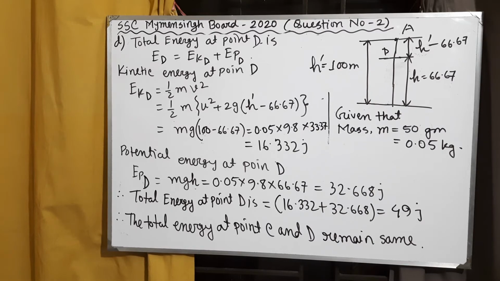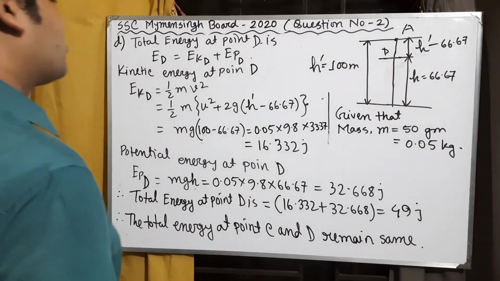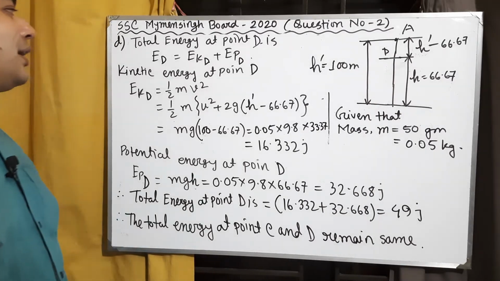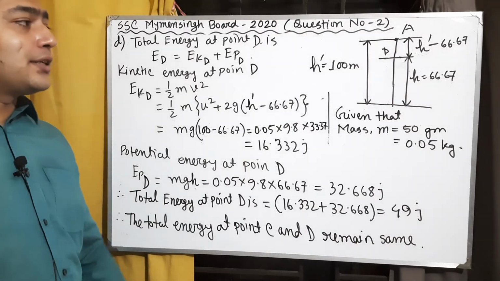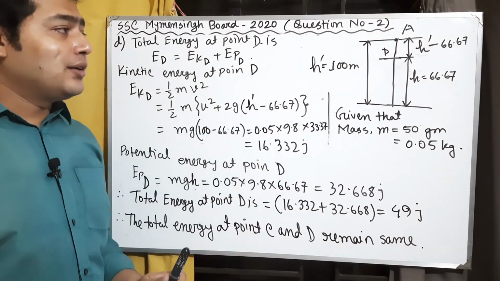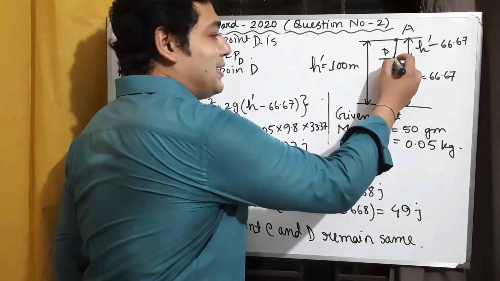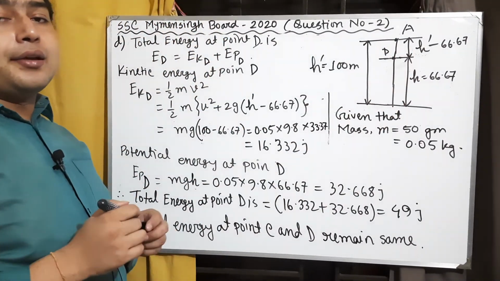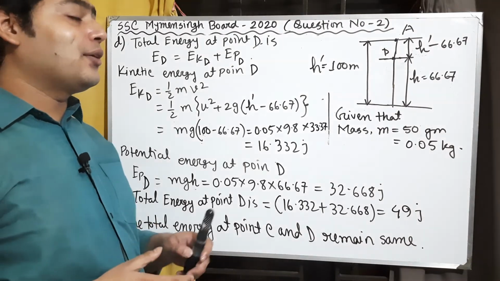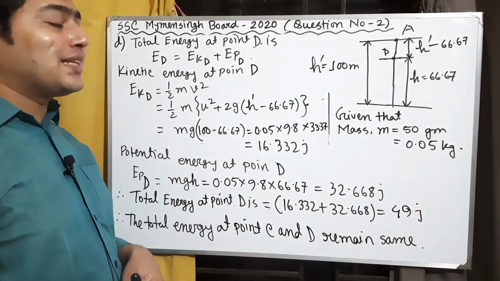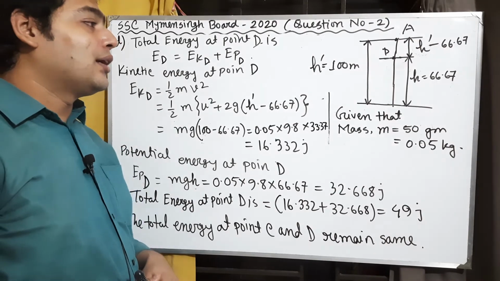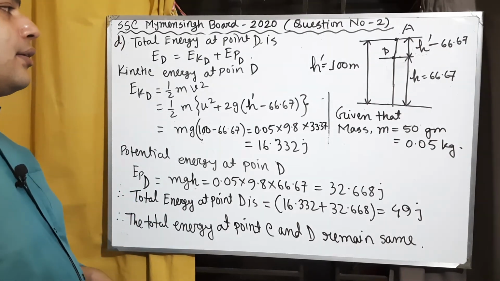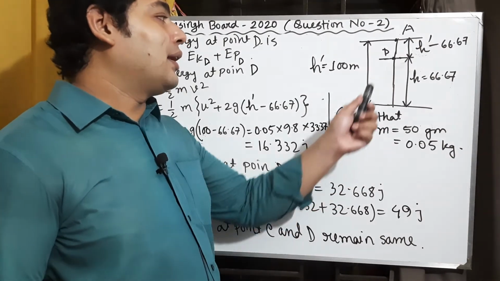This time we will try to determine the total energy at point D. Here point D is situated at height h, and we know that h equals 66.67 meters.